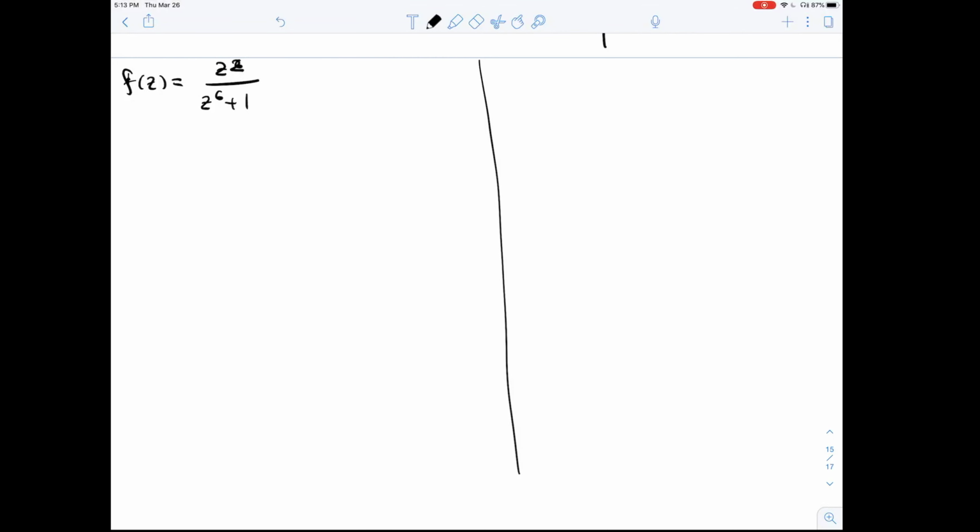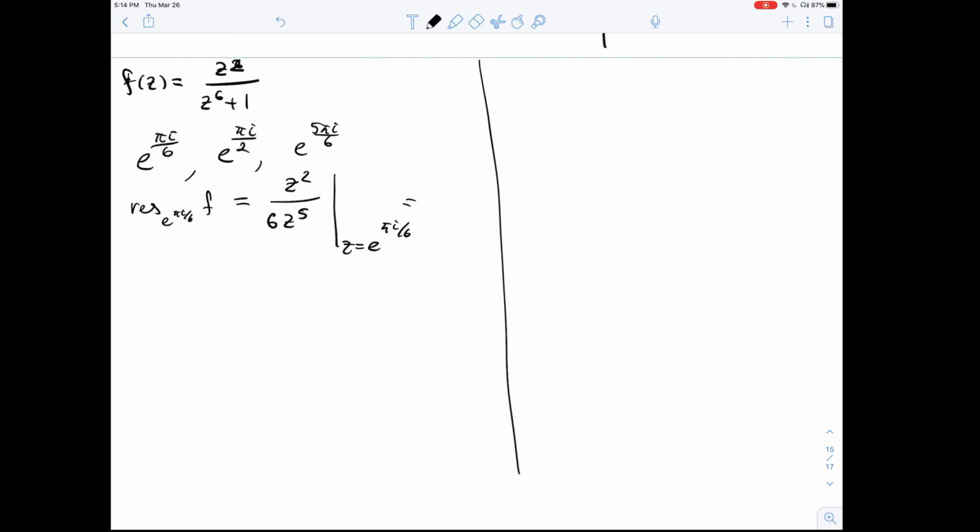Plus 1, and I need to compute my residues at 3 points. Okay, so the residue at e to the pi i over 6 will be z squared divided by the derivative of the denominator, 6z to the 5th, plugging this. And okay, so z squared cancels out, so I got 1 over 6z to the 3rd.